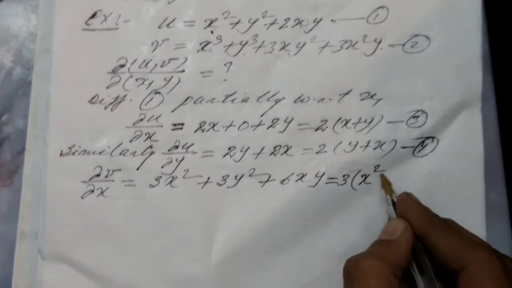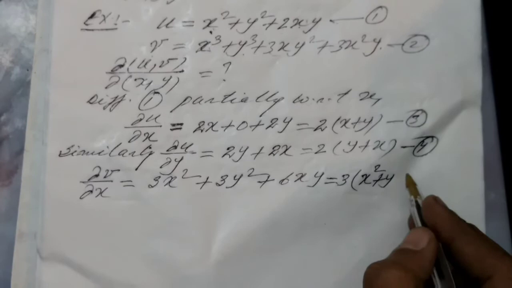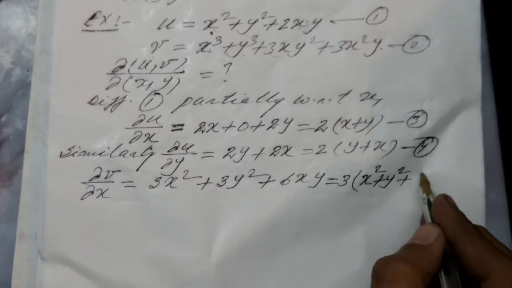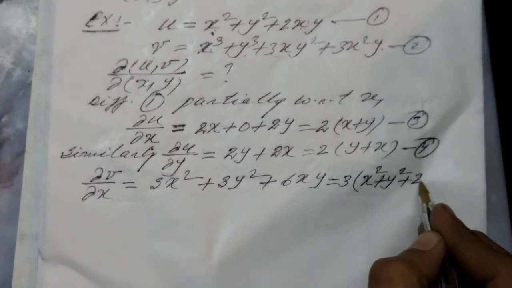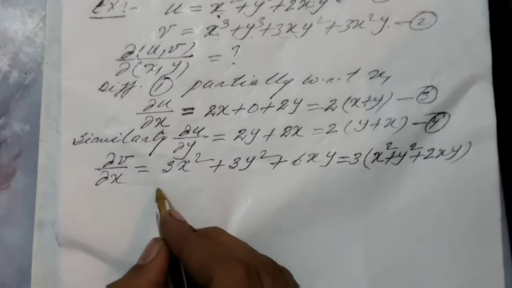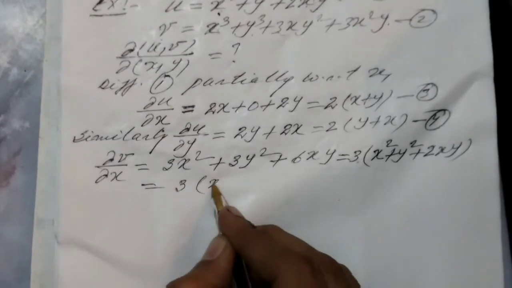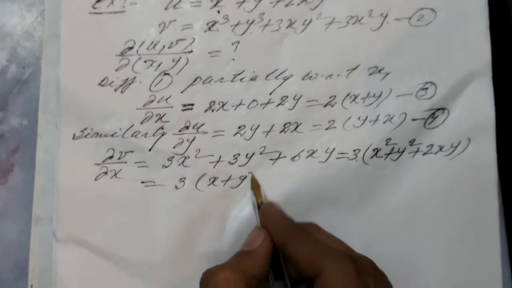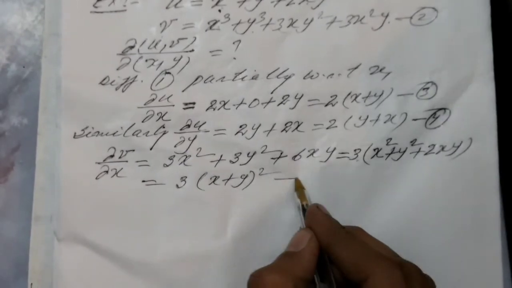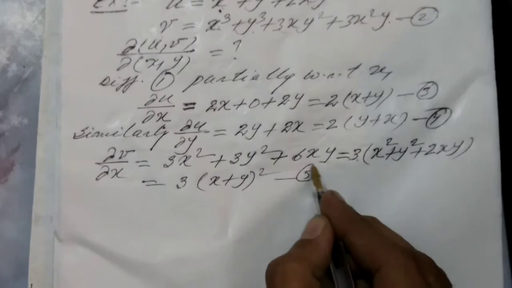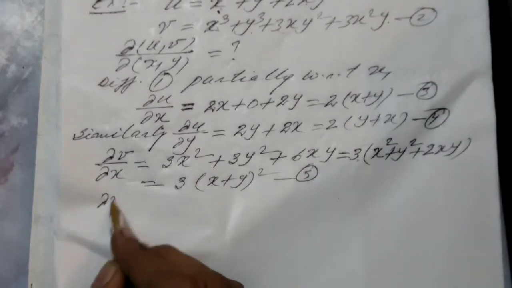In the bracket we have x square plus y square plus 2xy. So we may write it as simply 3 times x plus y whole square. This is fifth. And del v upon del y.